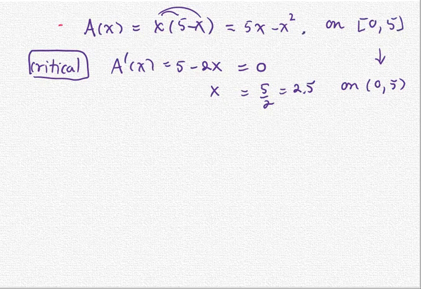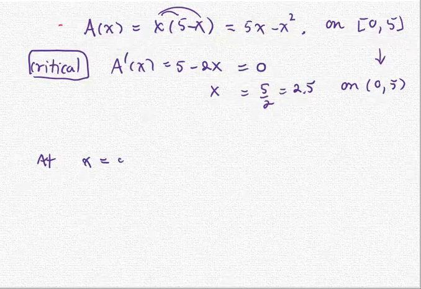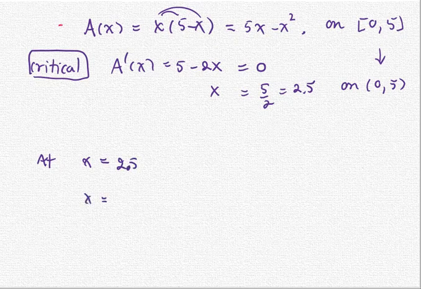Next, we're going to find the absolute max and absolute min, or look for the x that gives the maximum area. We compute A at x equals 2.5, which is the critical number, and also at the two ends, which are x equals 0 and x equals 5.